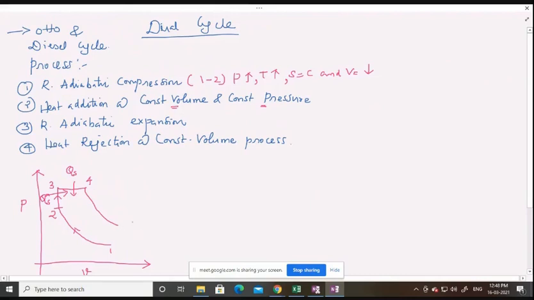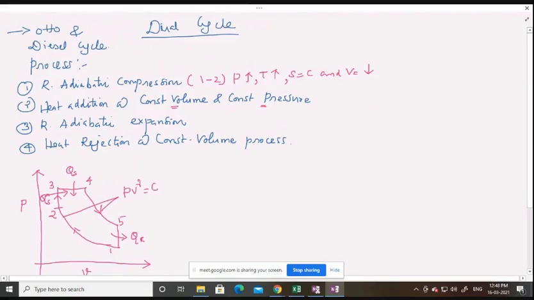And the final process is constant volume heat rejection. So this is the reversible adiabatic process.